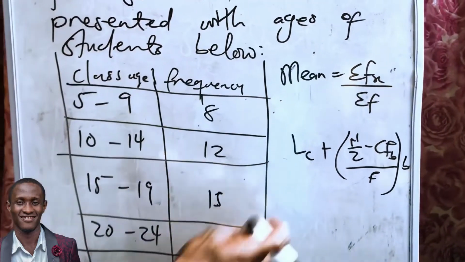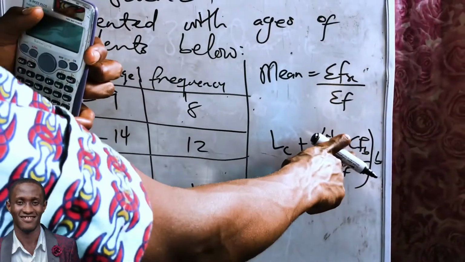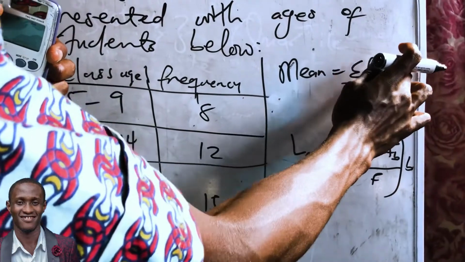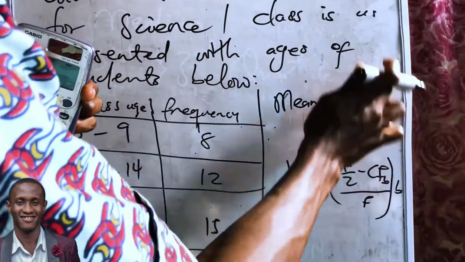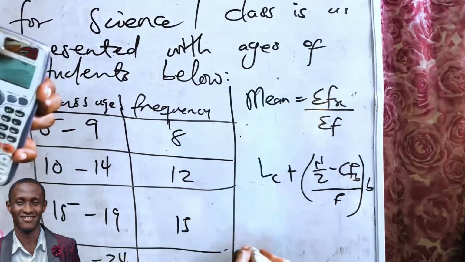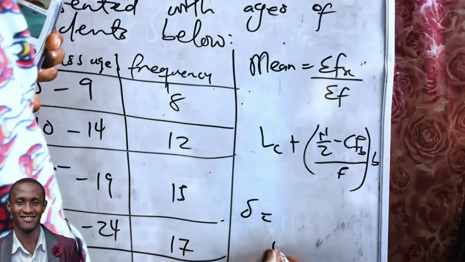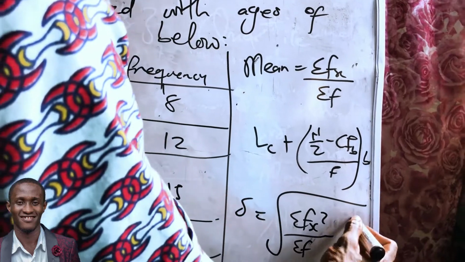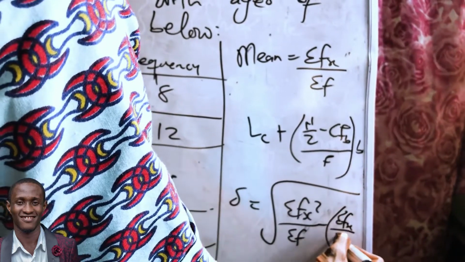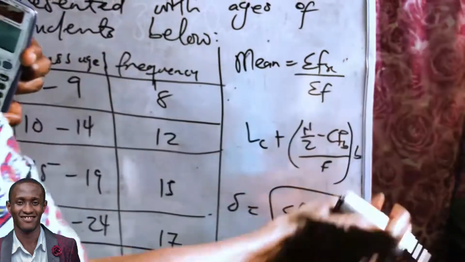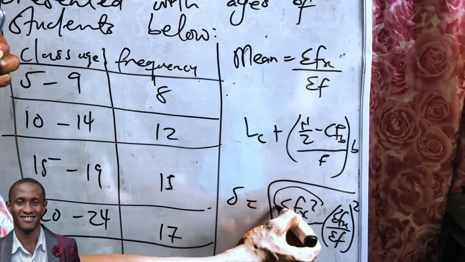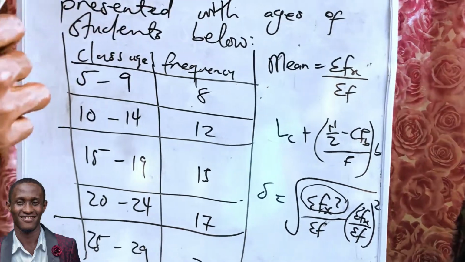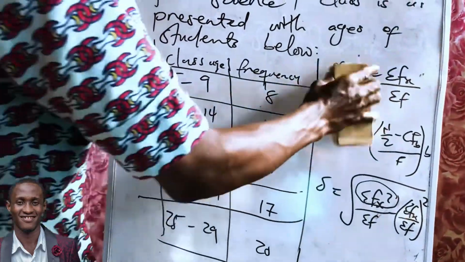So with this table we will need cumulative frequency, and we will need sigma fx. They can also ask us to find standard deviation. Standard deviation is the square root of sigma fx squared over sigma f, minus sigma fx over sigma f, all squared. So we have to get a column for this one. We will need other columns, so we are going to use that as a trick. Okay.